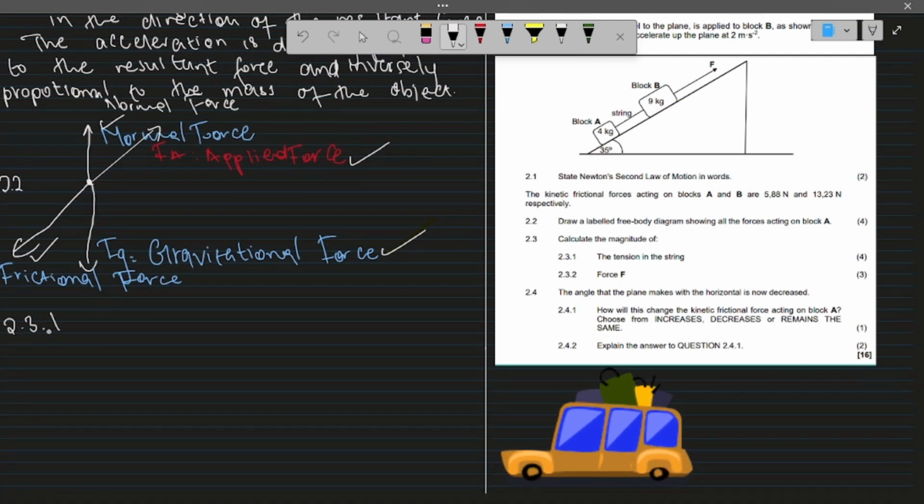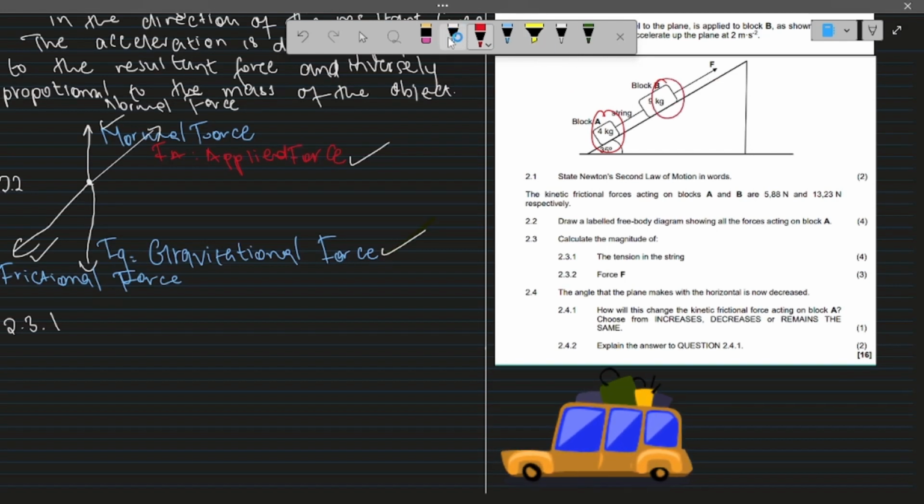Right. So 2.3.1 says calculate the magnitude of the tension in the string. Right. So now since we're going to calculate the magnitude of the tension in the string, basically how you can tackle these questions, guys, is that you do not have to look at the whole diagram or the two bodies, block A and block B, at the same time, right?